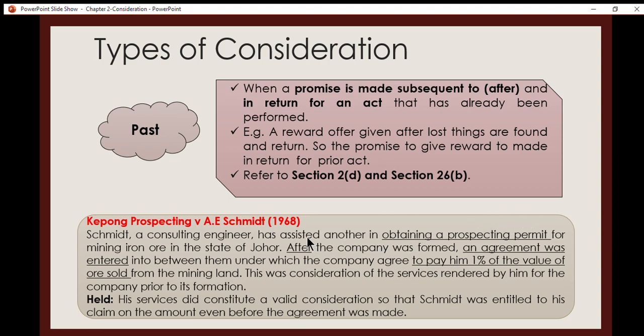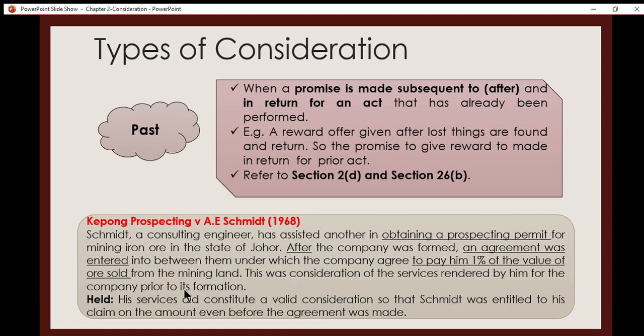And then later, after that, the company entered into an agreement where the company promised to pay him 1% of the value of ore. And this was consideration for the service rendered by Smith for the company prior to its formation. So the service rendered by Smith before the agreement was made is considered as past consideration.